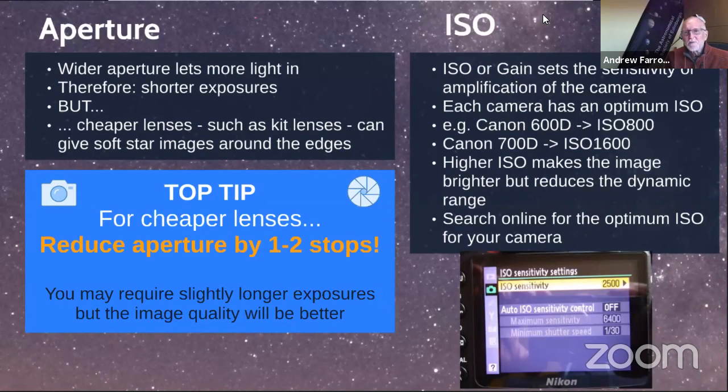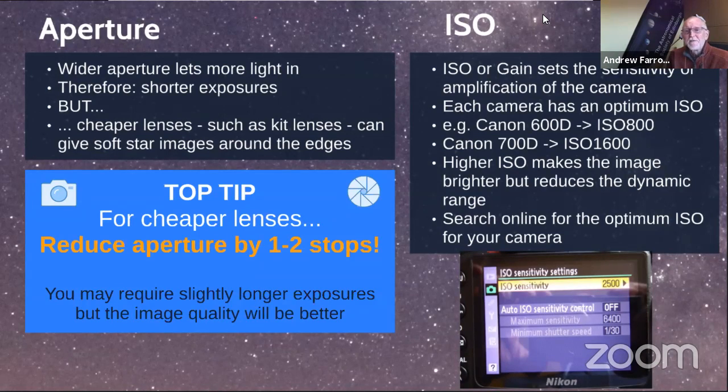The other thing to adjust we mentioned before is the ISO or gain. Each camera has its optimum ISO. The Canon 600D around 800, the 700D around 1600. Now, there are trade-offs, and you have to decide which of the trade-offs suit you, but it's better not to go too high and get a really grainy image.